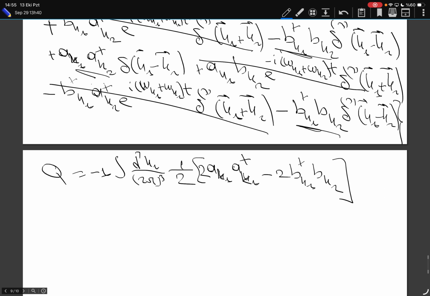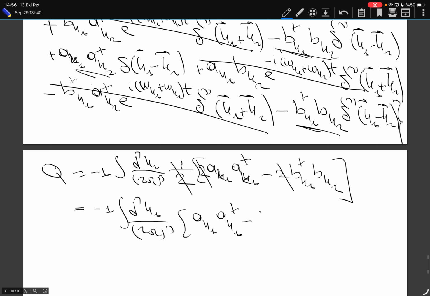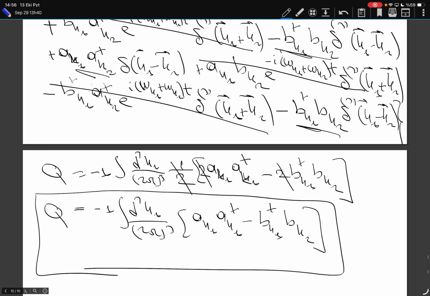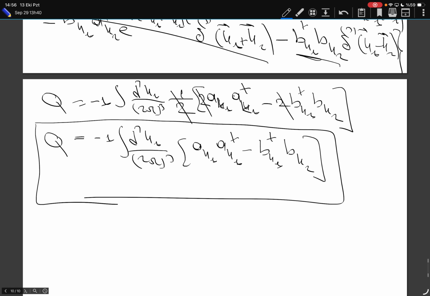Yeah, that's it. These two will cancel these ones. Okay, if I didn't make any mistakes in the position of these operators, this is our conserved charge.